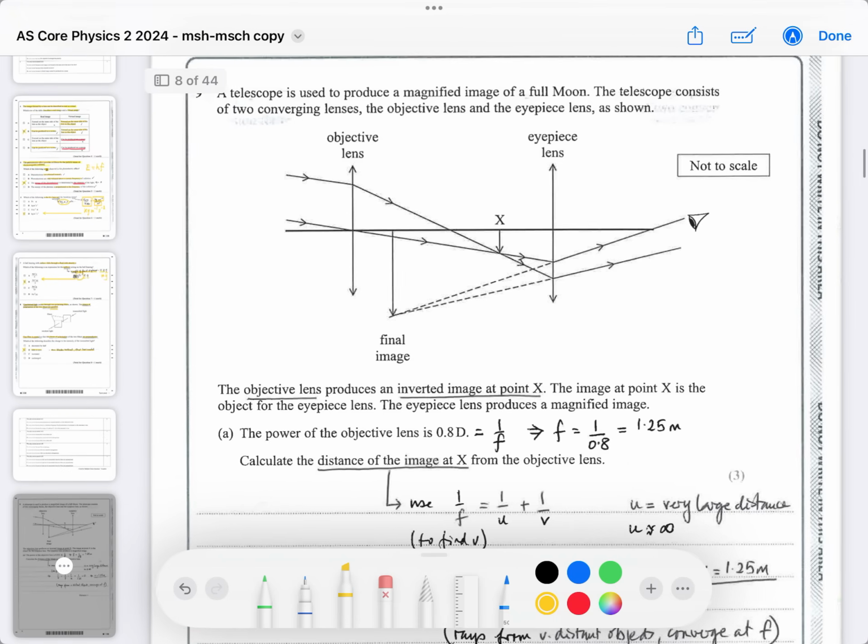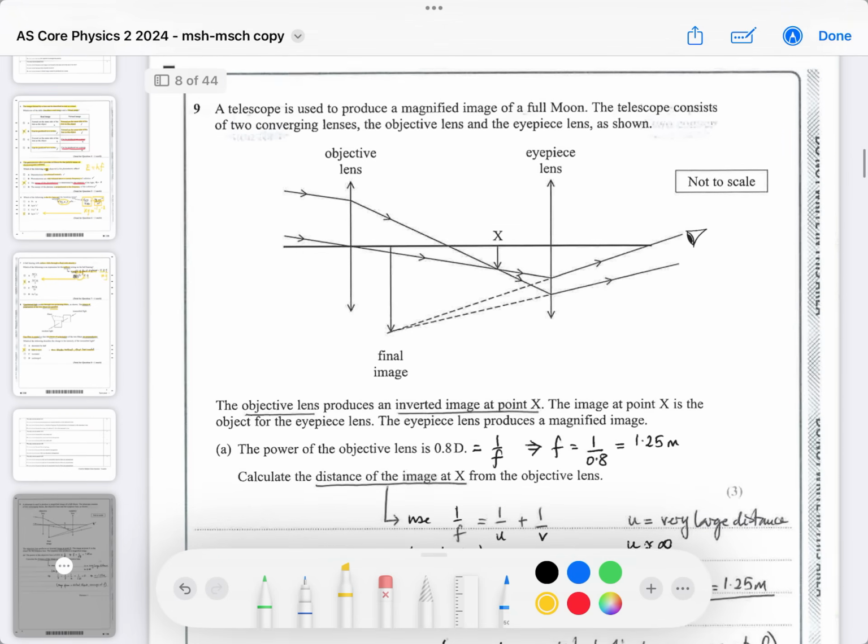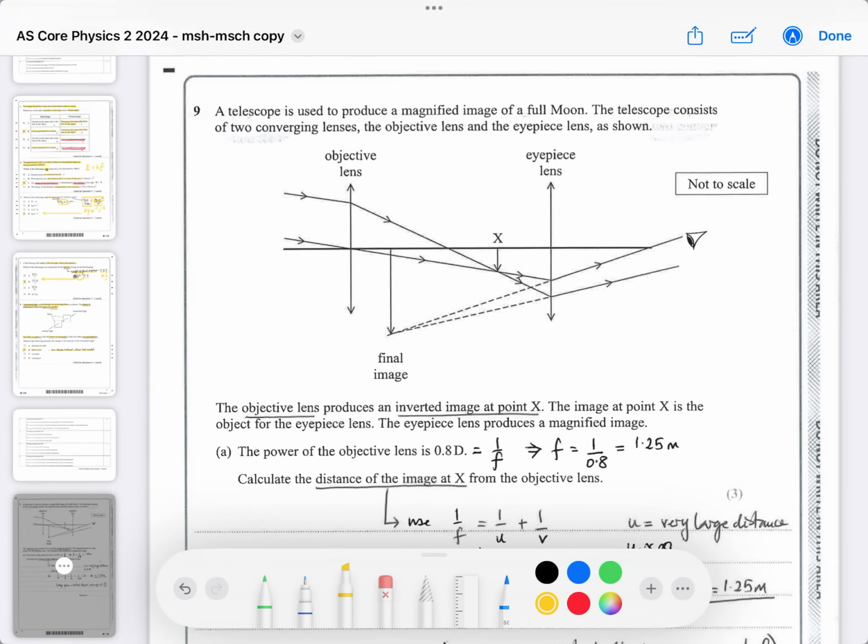Question 9, another question about lenses, okay, which is not in the International A-Level. So if you're looking at this as general practice, and you're doing the IAL, lenses are not in the International A-Level. Here you've got a telescope, which is used to produce a magnified image of the full moon.